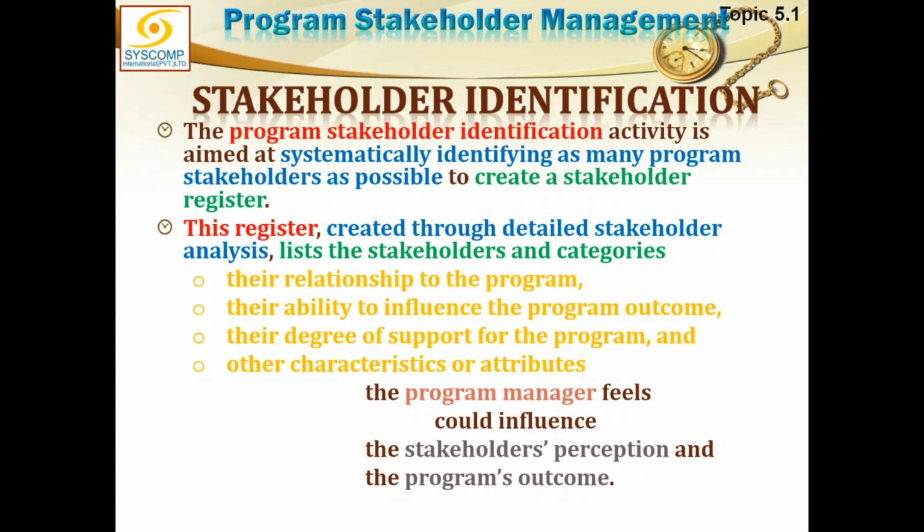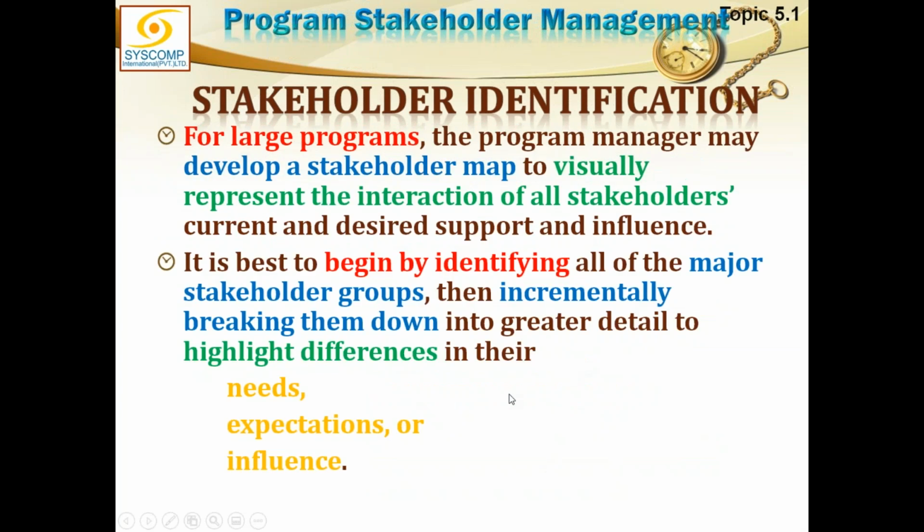Anyway, so this will have all this information, and the program manager could influence the stakeholders' perception and the program's outcome. So howsoever the relationship with the program, their ability to influence the program outcome, their degree of support for the program, and other characteristics or attributes, through that the program manager could influence the stakeholders' perception and program outcome.